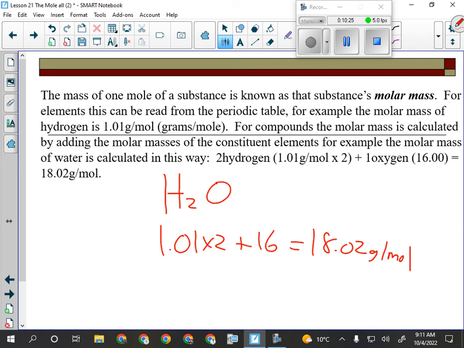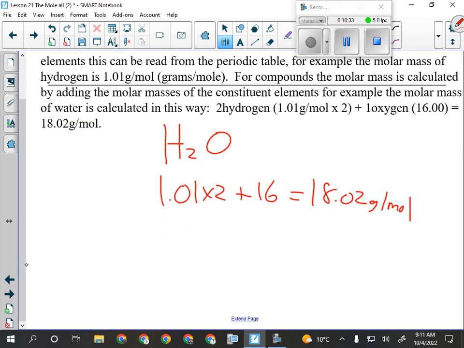So molecules, super small. Does everyone follow what I did here? Using your periodic table, see if you can calculate the molar mass of magnesium phosphide.